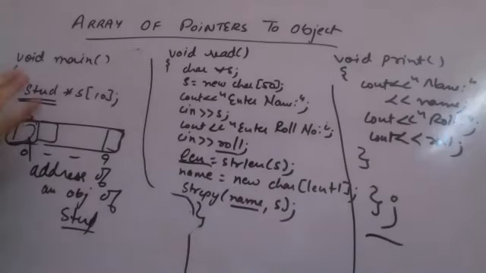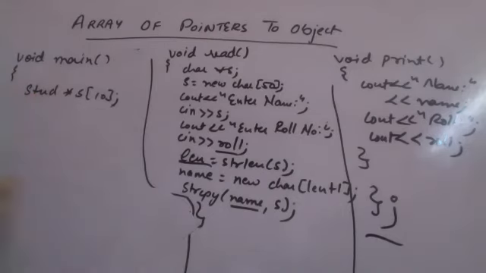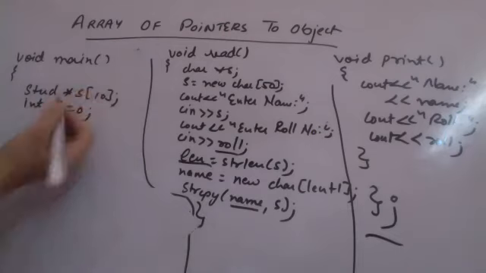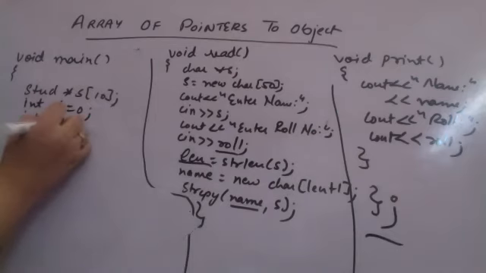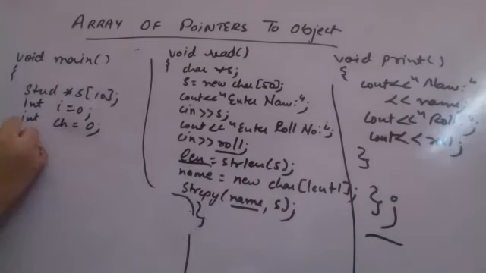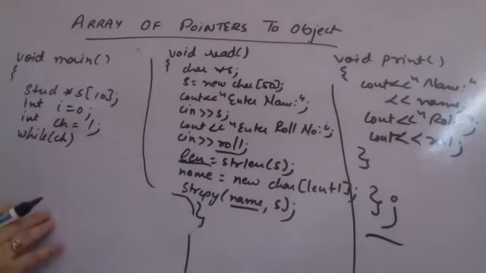So how do we access the data members from this array? Let us understand, okay? Let us try to see now what is happening here. I am taking any variable I, initializing it, and I am taking a variable option or user choice, whatever you can say. जब तक user enter करना चाहे, जब तक the user will be entering. So I am taking a while. Initially I am saying choice is one, while choice. जब तक user one choice enter करता रहेगा, I will keep reading the data of the student.